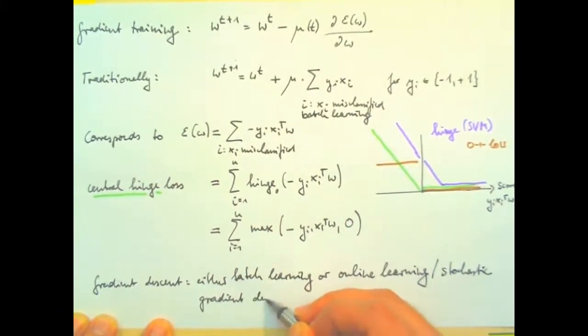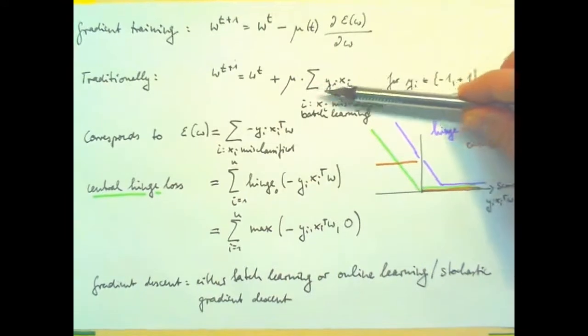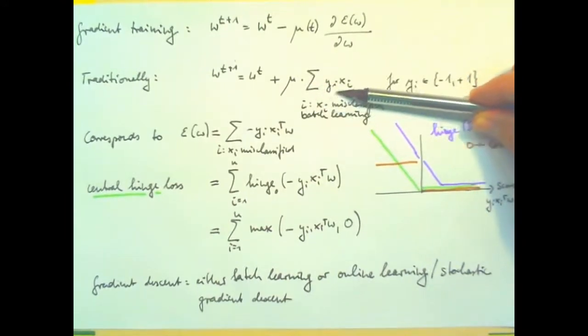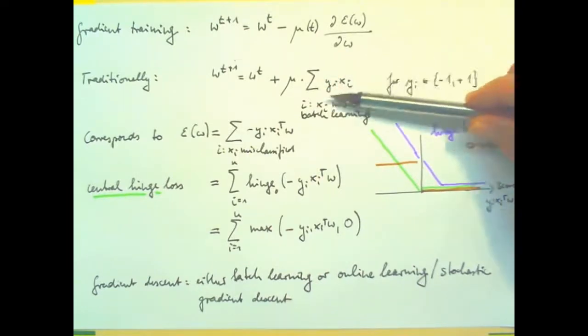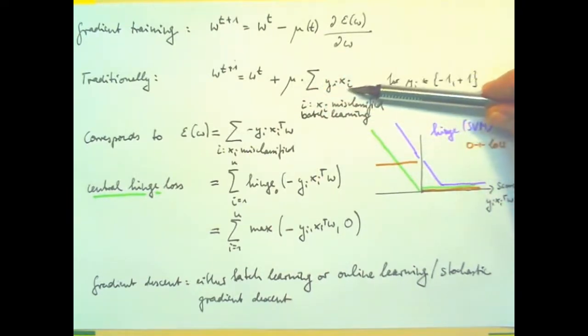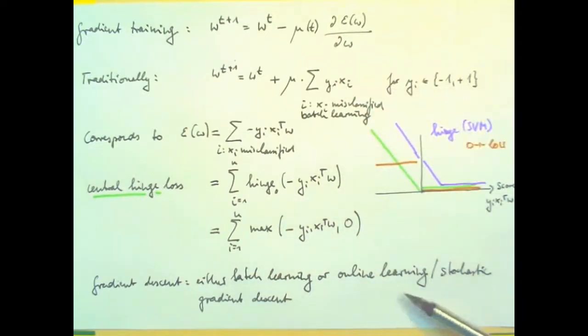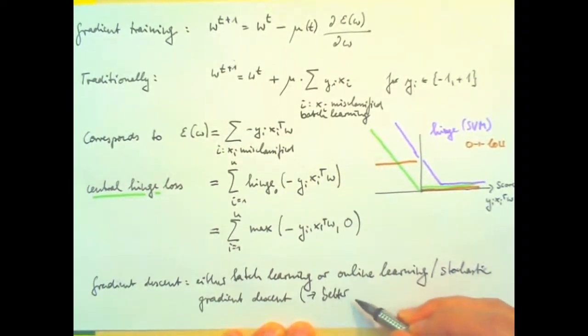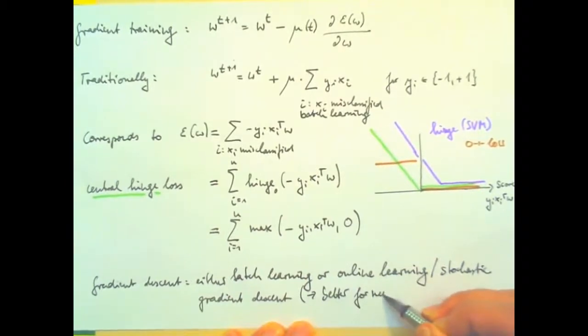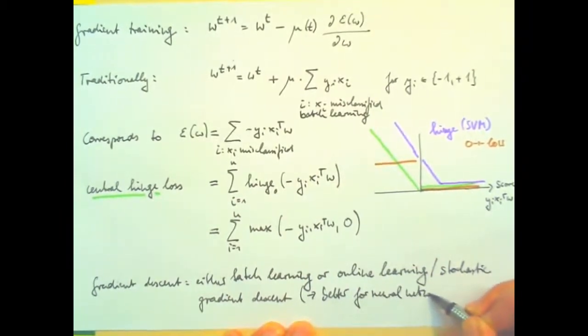In stochastic gradient descent, you do not sum up your contributions from all samples, but you collect the contributions from your samples one by one and then re-evaluate your loss function. It turns out that this online learning or stochastic gradient descent is empirically better for neural networks, even though it gives you an order dependence.